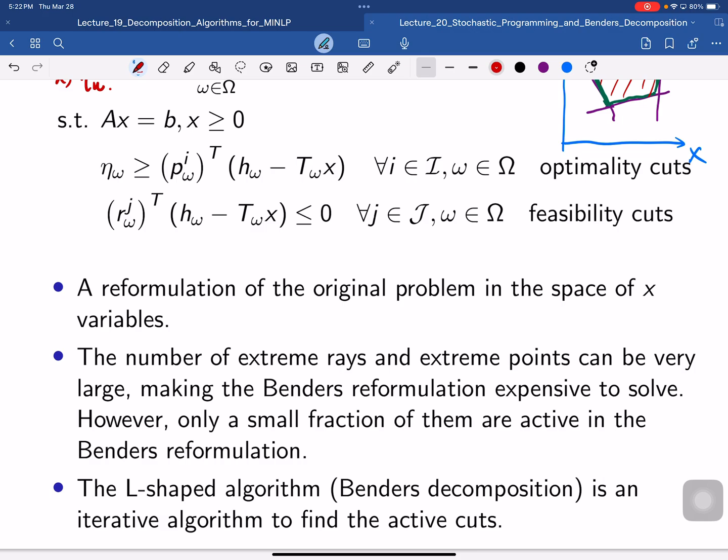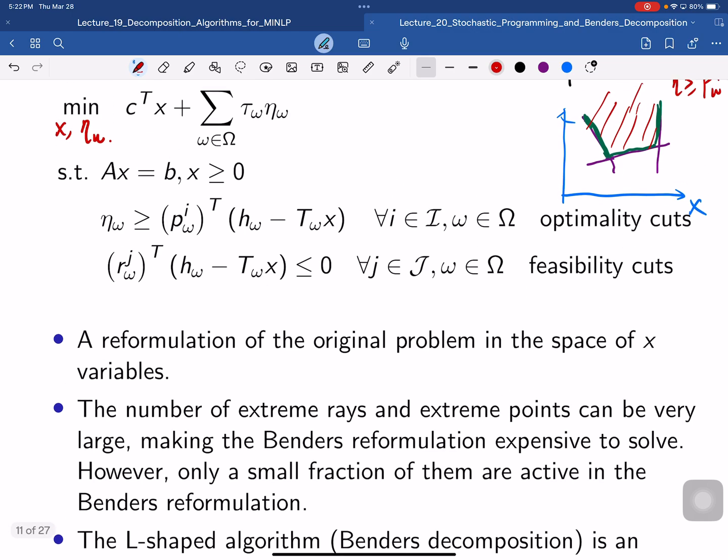So what Benders decomposition does is an iterative method to find those active cuts, right? Imagine that even for a very small problem, there can be millions or billions of optimality cuts and feasibility cuts. But in the optimal solution, only a small subset of optimality cuts and feasibility cuts are active, right?